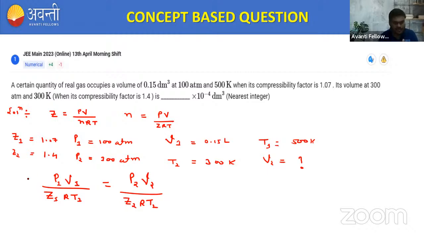Now R gets cancelled, and we know all the other values: P1, Z1, V1, T1, P2, T2. On putting all these values, we can easily calculate the value of V2.